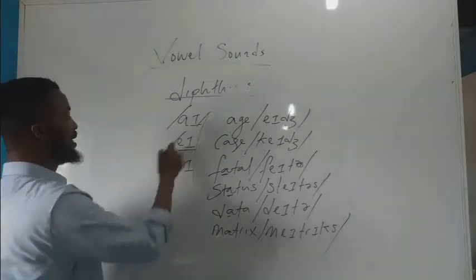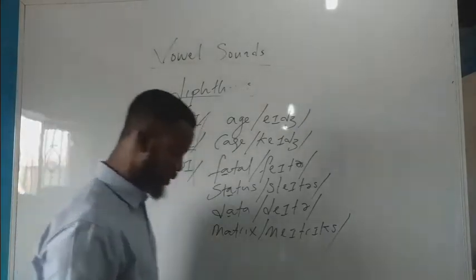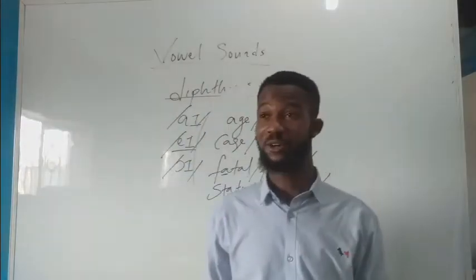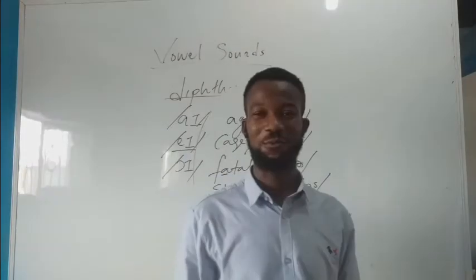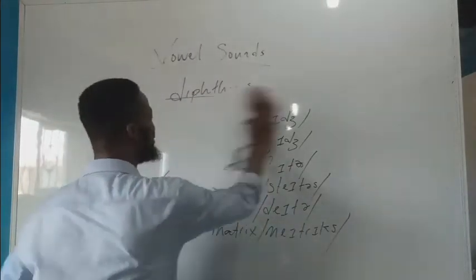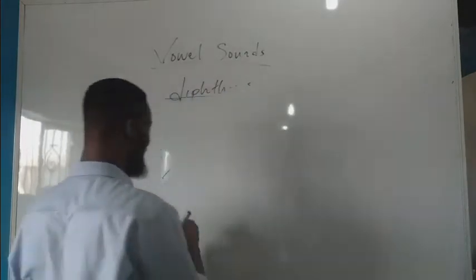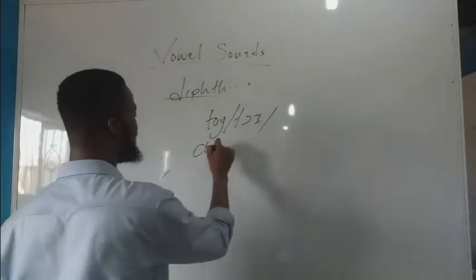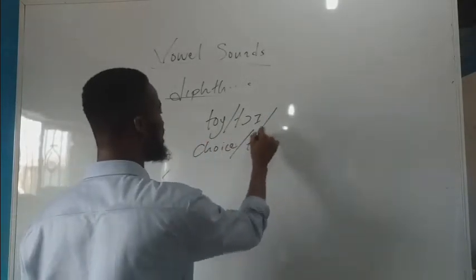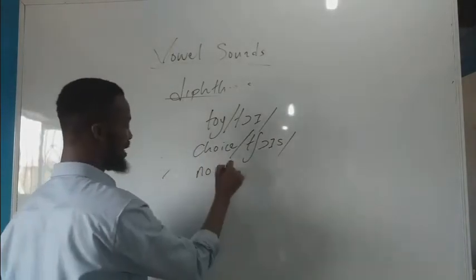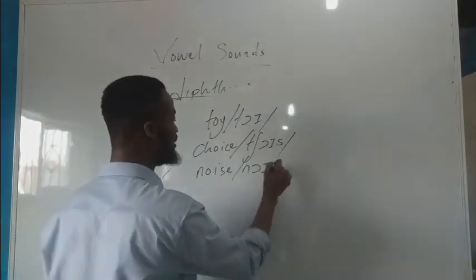This is a sound. The next one is Oi. Oi is found in oil. Many Nigerians call it oil, especially people from the East. It's oil, not oil. So if I have words like COY, it is pronounced as toy. CHOICE is pronounced as choice. NOISE is pronounced as noise.